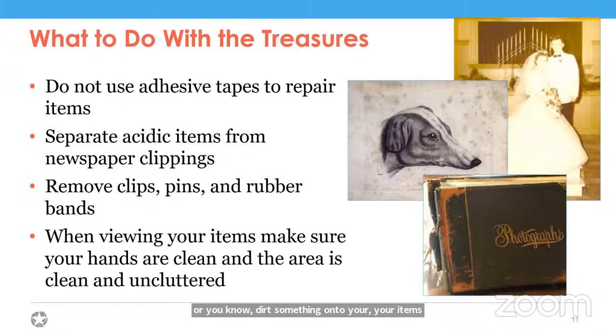We also have a request for examples of acidic items. Newspapers are highly acidic, and it's because they are printed on very cheap quality newsprint. That's why it's called newsprint. Very cheap quality mass-produced paper, and that process is just highly acidic. It's not intended to last.